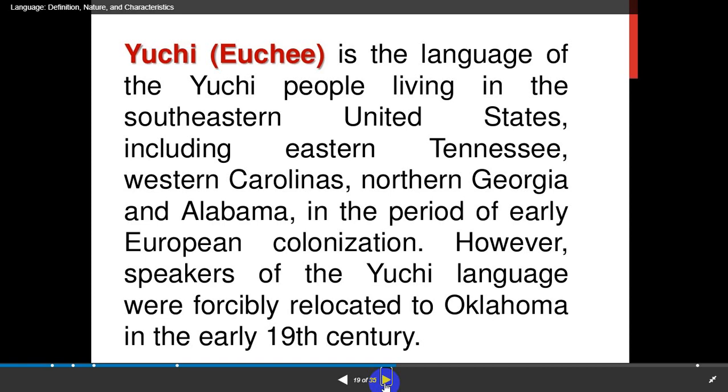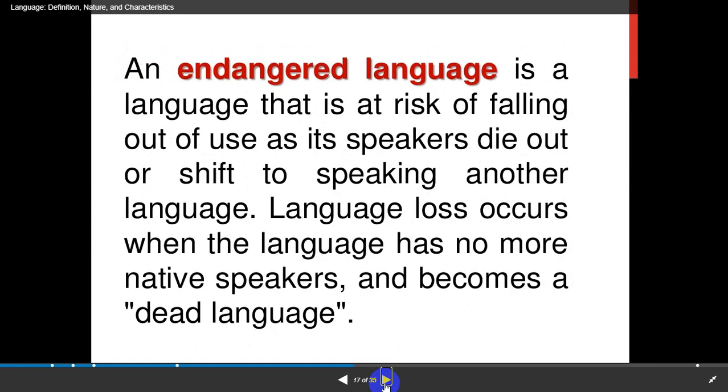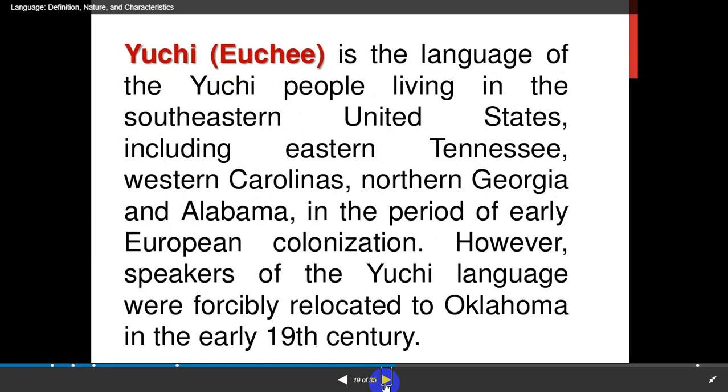However, speakers of the Yuchi language were forcibly relocated to Oklahoma in the early 19th century. So this one is also an endangered language. The language changed because the people using it died, or because of the colonization. Yes, something like that.